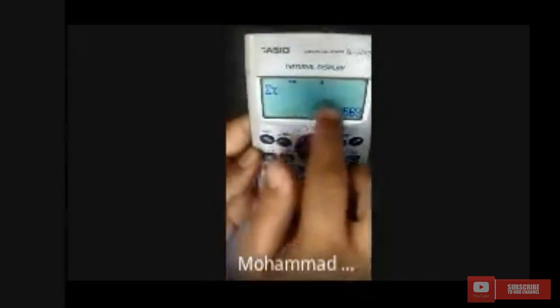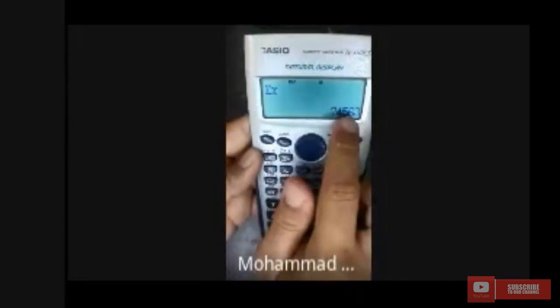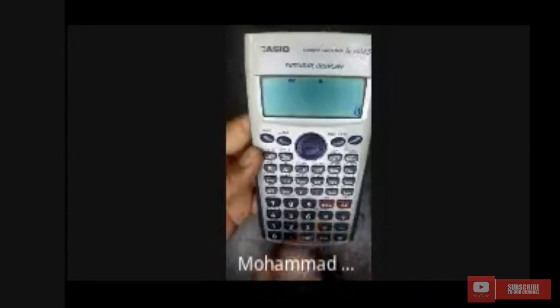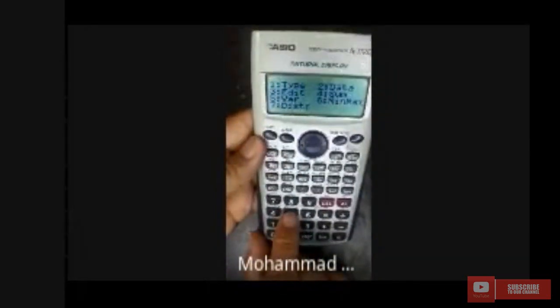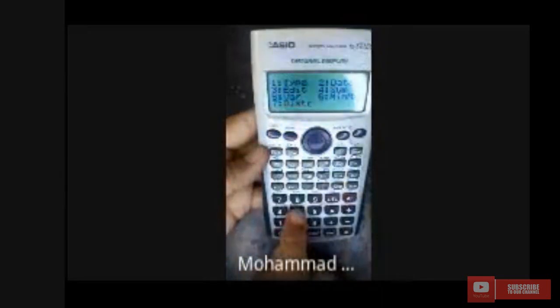So we have summation of fx. Right? So next, kalau kita nak the value of mean, right? Kalau kita nak the value of mean, tekan shift, tekan 1, and tekan 5 untuk variance. Right? Kita tekan 5.